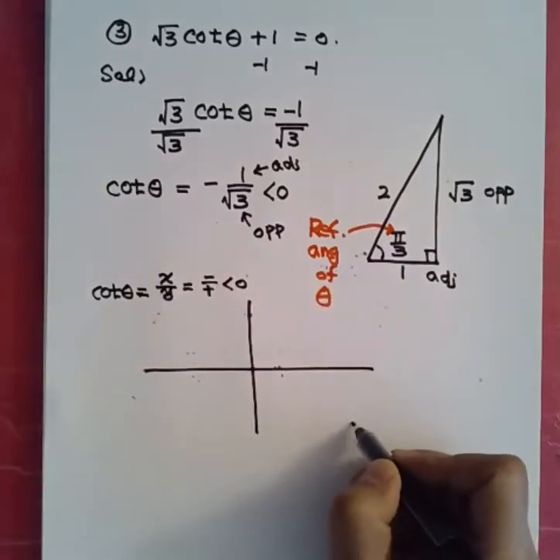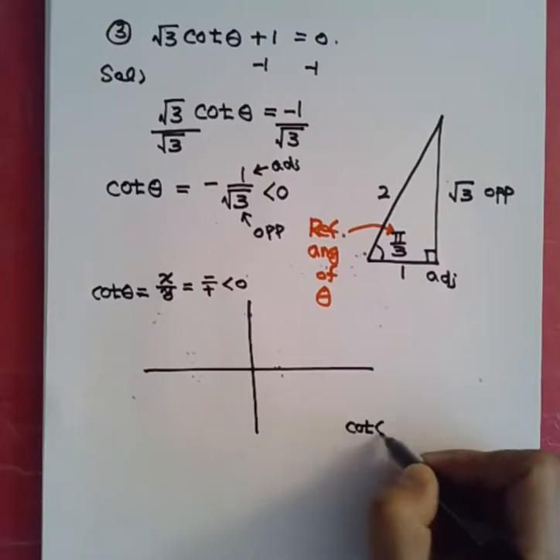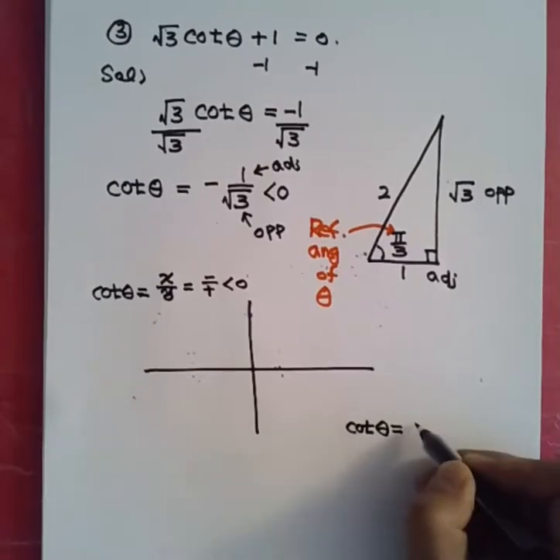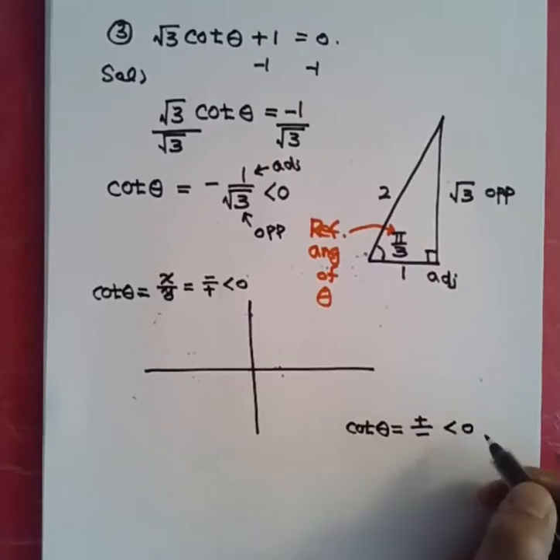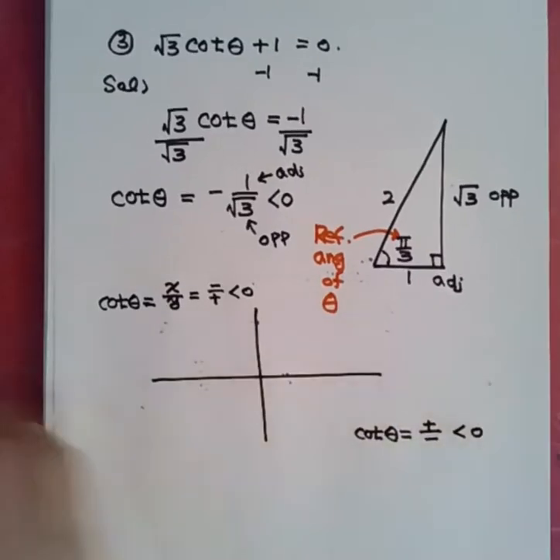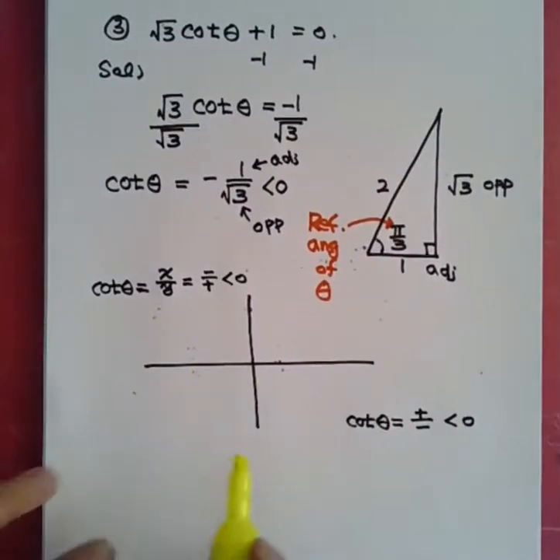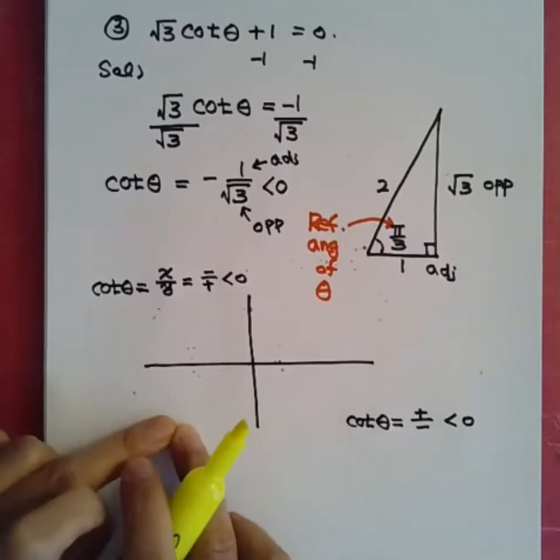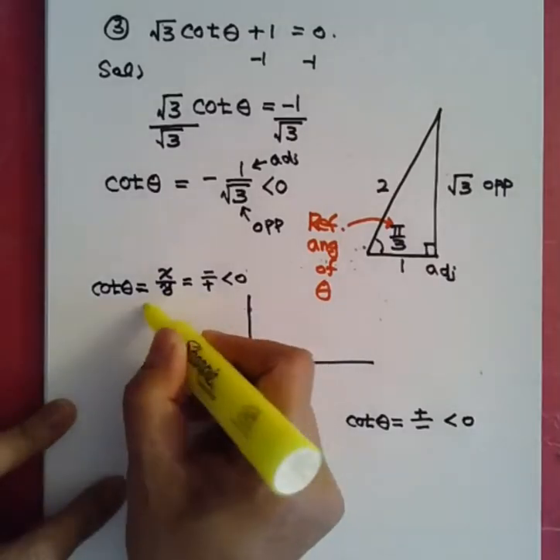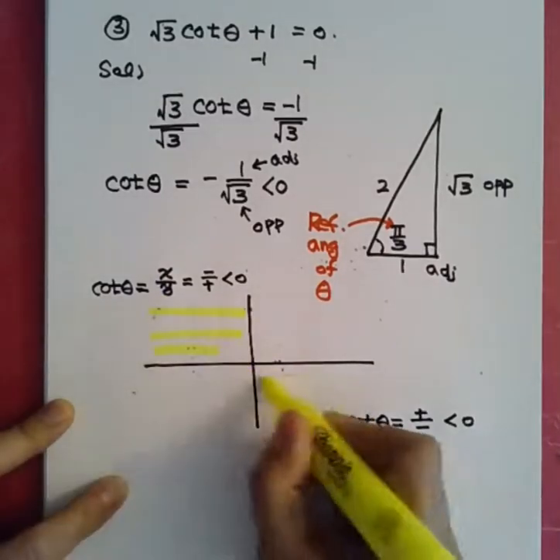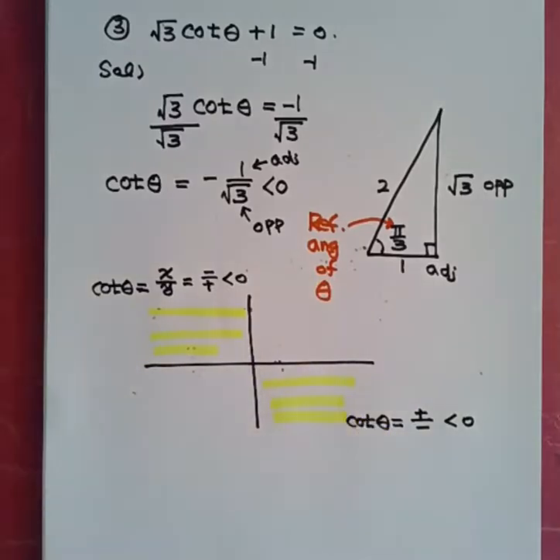And in the fourth quadrant, cotangent of theta equals x is positive and y is negative, so it's again less than 0. Otherwise, plus over plus or minus over minus in the third quadrant, so the angle will be located either in the second quadrant or fourth quadrant.